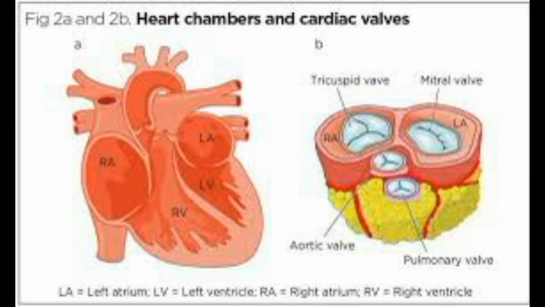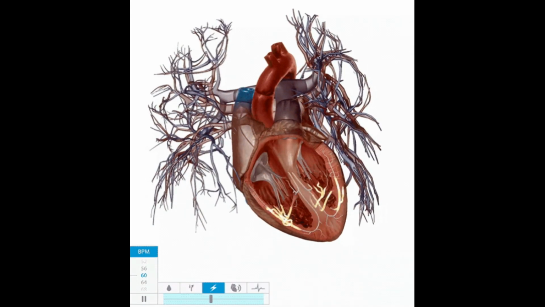So that is 70 ml times 72, approximately 5040 ml per minute is the cardiac output. The body has the ability to alter the stroke volume as well as the heart rate and therefore the cardiac output. The cardiac output of an athlete will be much higher than that of an ordinary man.